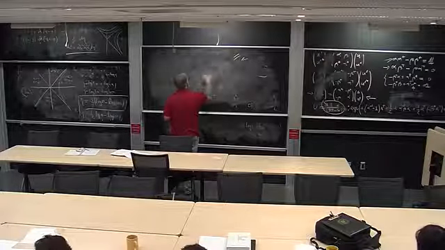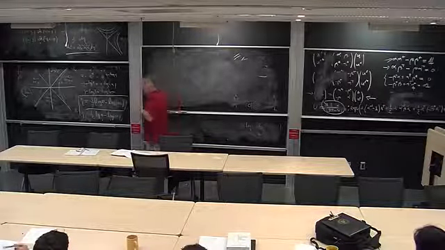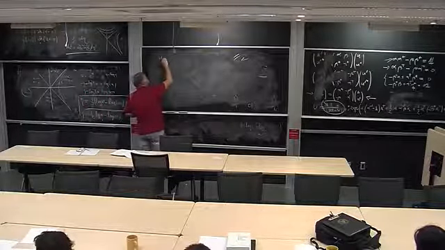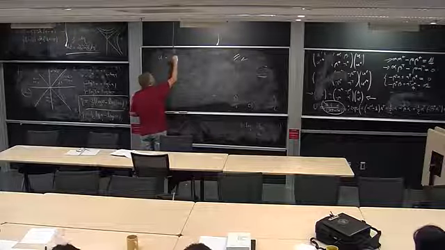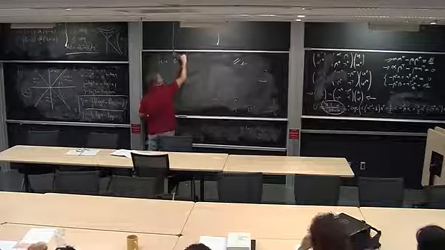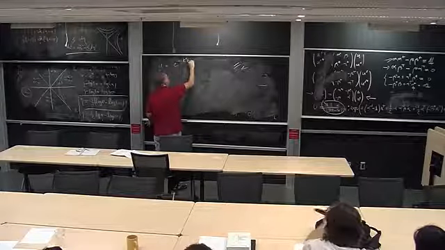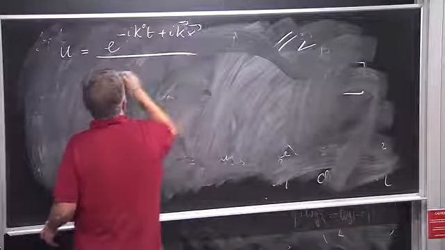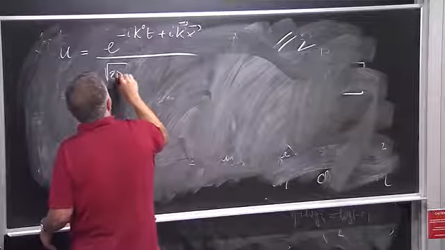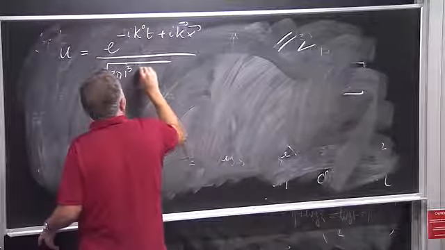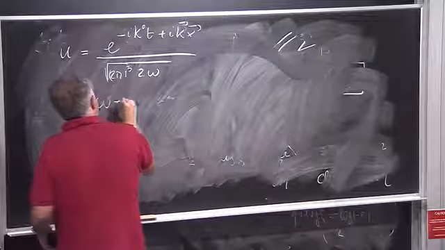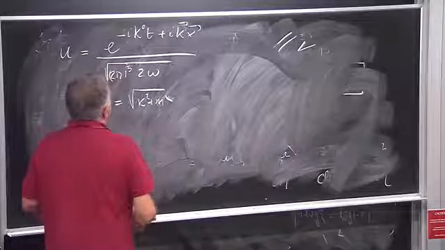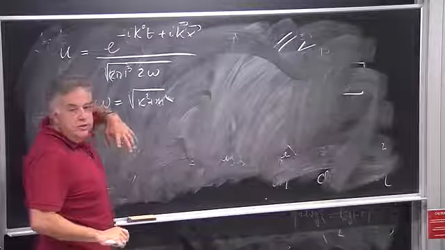Remember, let's take a step back. When you write the positive frequency modes in Minkowski space, the standard ones, you get a minus here, and this is the positive frequency mode.